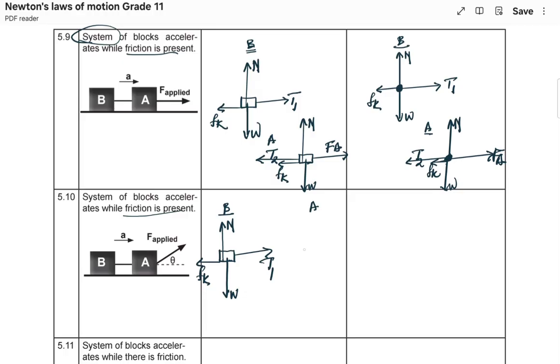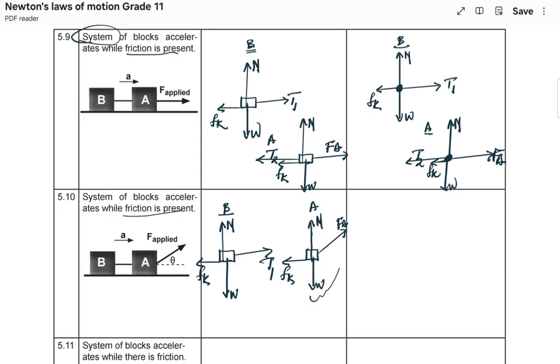For A, we'll have a normal, a force applied, a weight, then there is a kinetic frictional force.